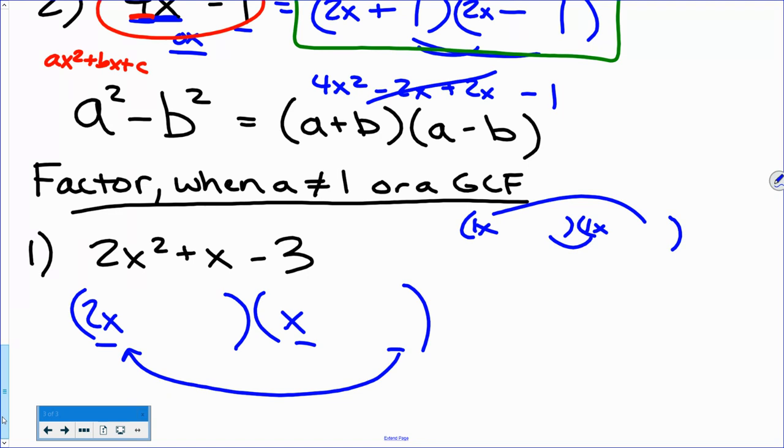All right, so think about this. For example, I have a 3 here. The only thing that multiplies to 3 is 3 and 1. Would 3 and 1 combine to 1? No, it doesn't. But the number I put in this spot multiplied by 2 and then combined with the number in this spot would. Okay, kind of a lot to think about.